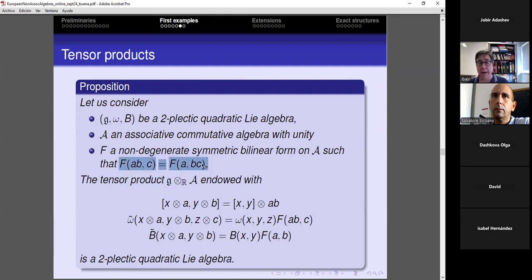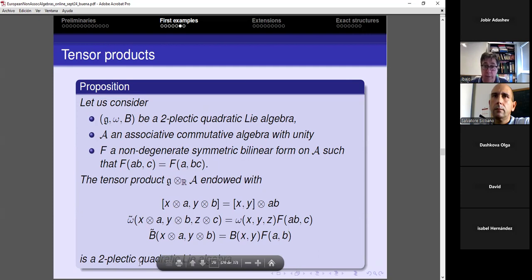Right? In our case, if our associative algebra has a unity, then the tensor product is actually a two-plectic quadratic Lie algebra, defining the two-plectic form in this way.